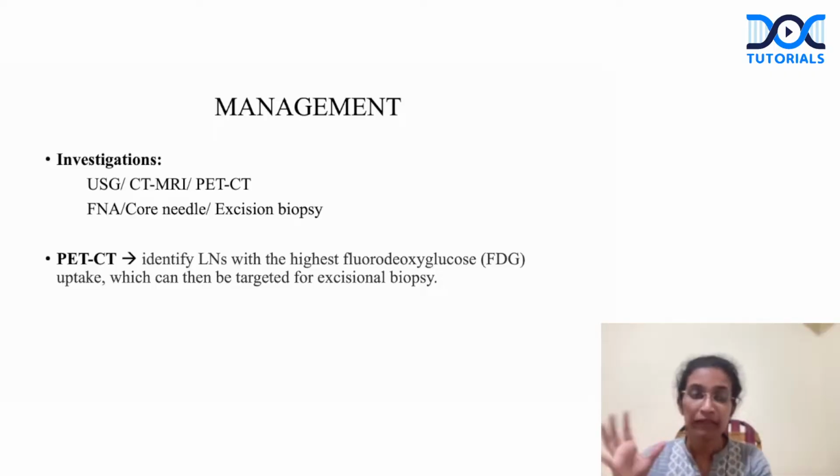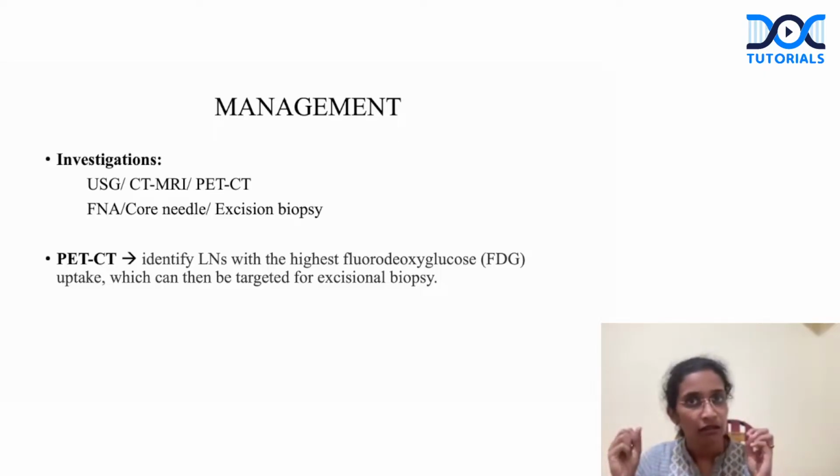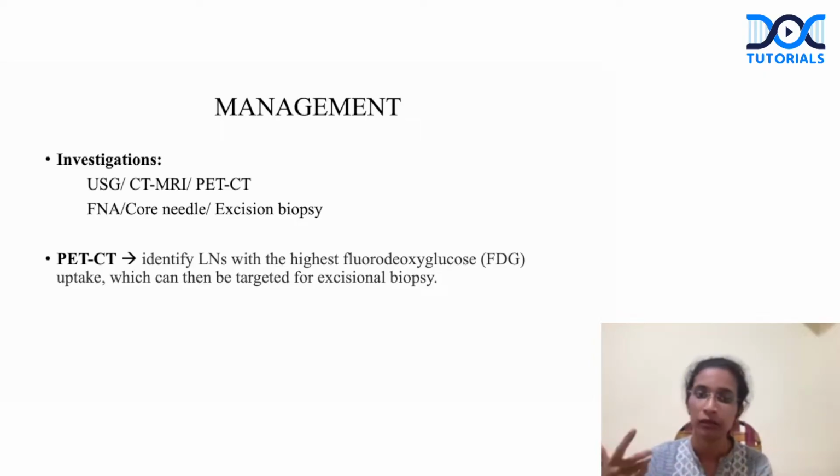And PET CT identifies any lesion with high metabolic activity. Cancers or tumors are known to have high metabolic activity, right? Because more metabolic activity is directly proportional to higher uptake of fluorodeoxyglucose.